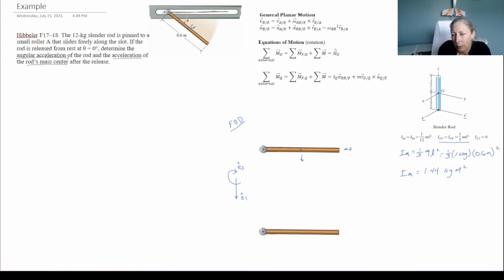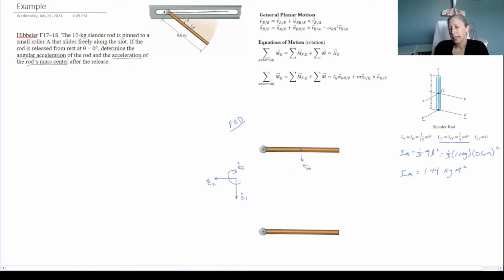And so that means that my E2 direction needs to look like this. So now E1 cross E2 equals E3, and my E3 is positive in the clockwise direction, which is how I anticipate my rod will be rotating initially. Okay, so there's my initial reference frame.